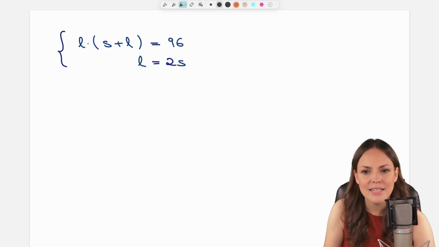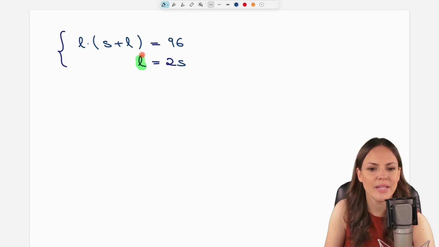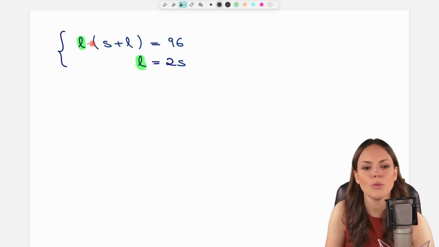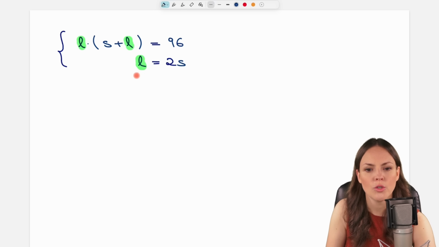And now we have two equations for two variables, and we can solve this system of equations. The great thing is that we have L here in the second equation already, so we can take this L and insert it into our L's here in our first equation. So we take the second equation and insert it into the first equation. What do we get then here?